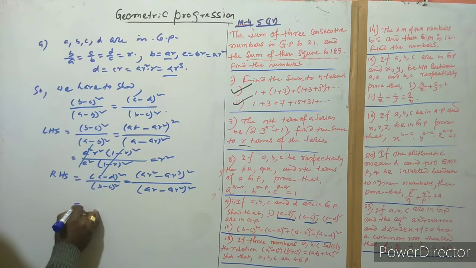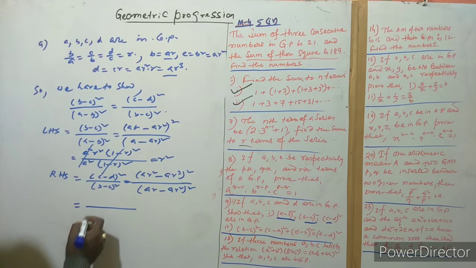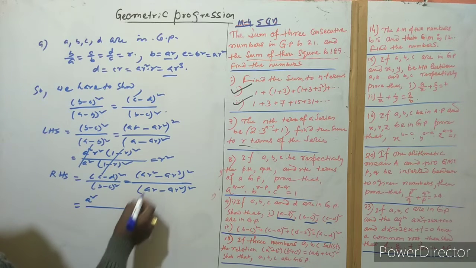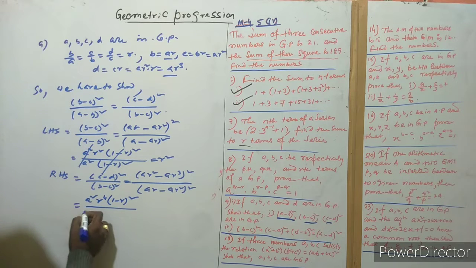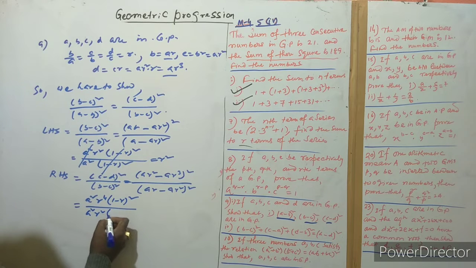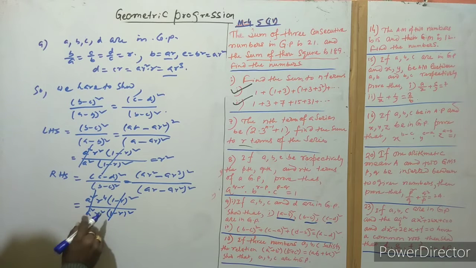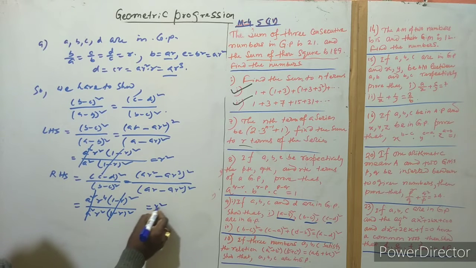Now take a common A square R to the power 4, and then we get here 1 minus R whole square, and same as A square R square, we have left here 1 minus R whole square. So these two are cancelled, these two are cancelled, so we get here R square. These two are same. So proved.